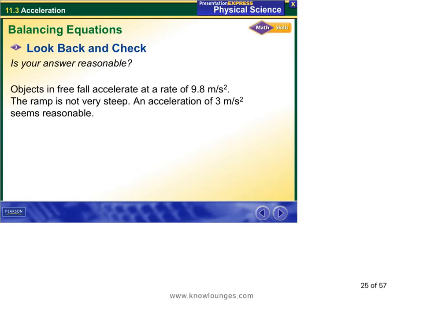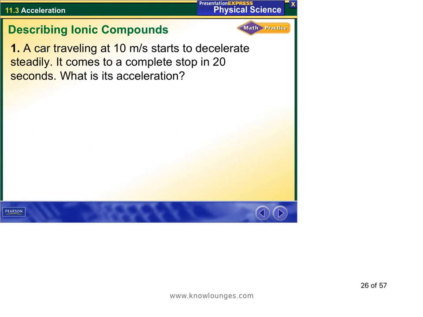Always think about if it's reasonable for many situations, relating it to the acceleration due to gravity. As it's going down the ramp, it's got to be less than the acceleration due to gravity. Makes sense. Other one, car traveling at 10 meters per second starts to decelerate steadily.